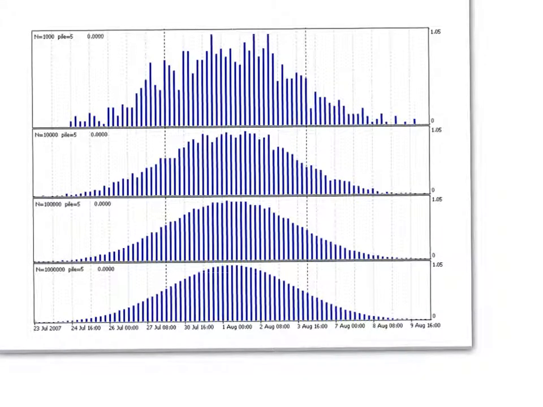Now, as I said, with a small sample, the bell-shaped curve goes up and down somewhat. This is a sample of 1,000. The next sample down is 10,000. And then we get down to a sample of 1,000,000.